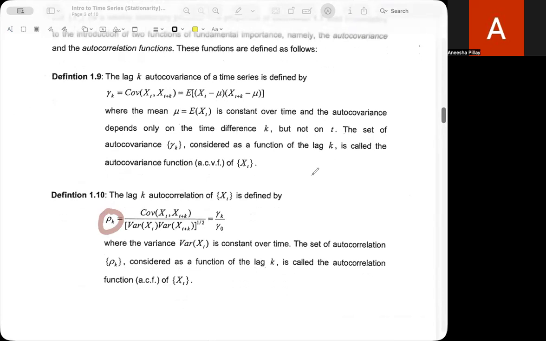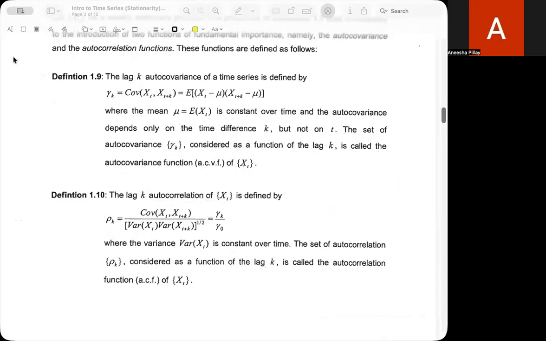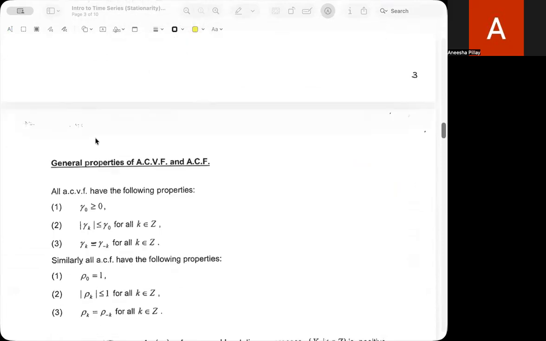Remember in your previous lecture, you have seen the ACF plot many times by now. Whatever is being calculated here is actually your autocorrelation. So autocorrelation is your autocovariance for K divided by gamma null. Please keep this in mind.